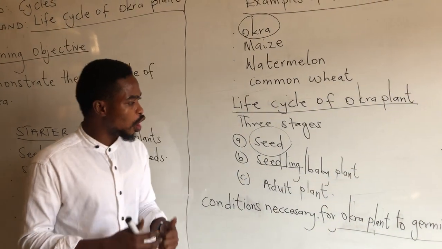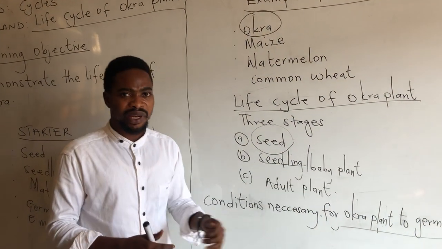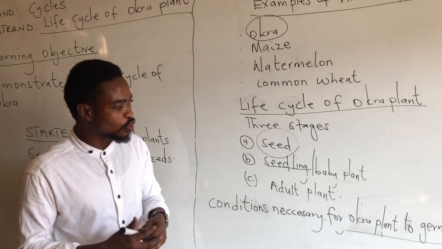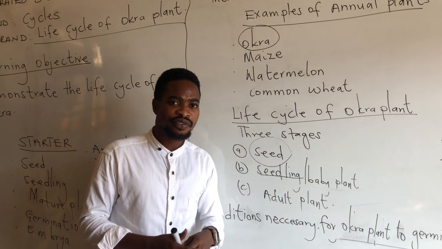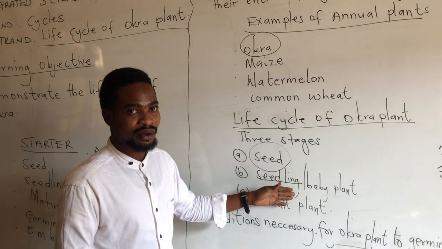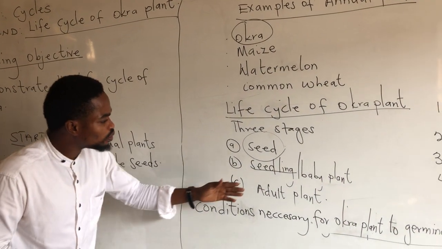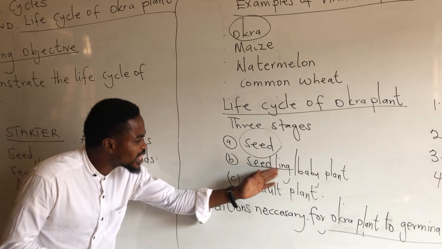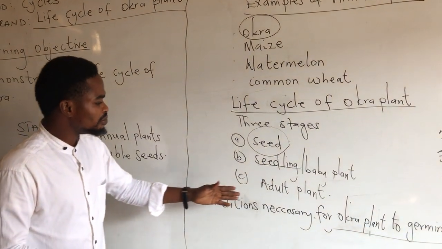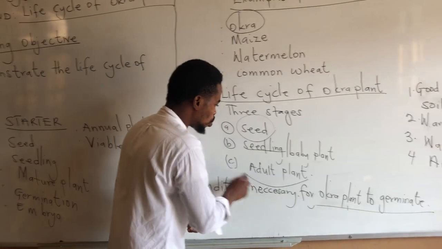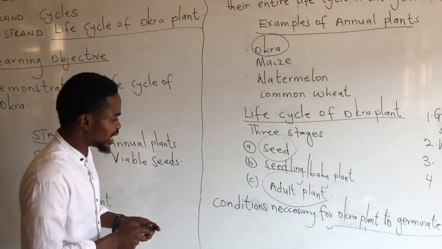So as time goes on, the baby plant begins to make its own food. It's what we call photosynthesis. Now, as time goes on, the seedling or the baby plants begin to grow into what we call adult plants.